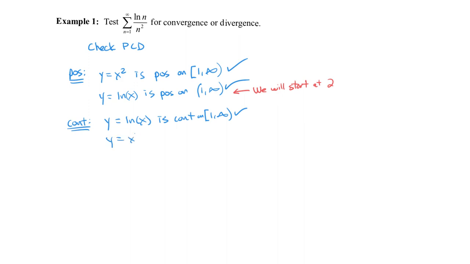Y equals x squared is continuous on 1 to infinity. And I guess we could say, therefore, y equals natural log of x over x squared is continuous on 1 to infinity. All right. So we're good to go on positive, continuous. Let's look for decreasing.